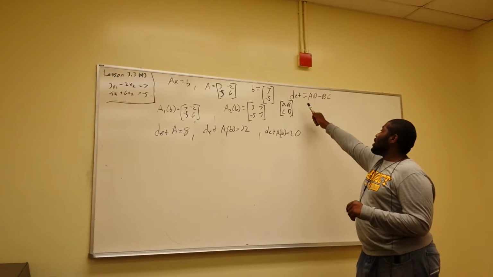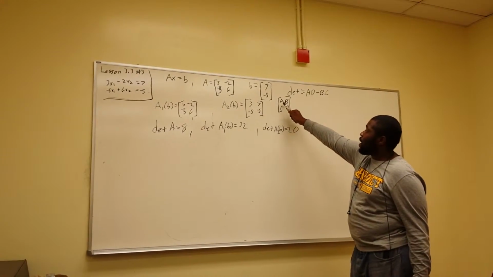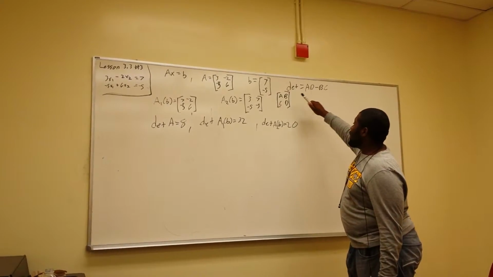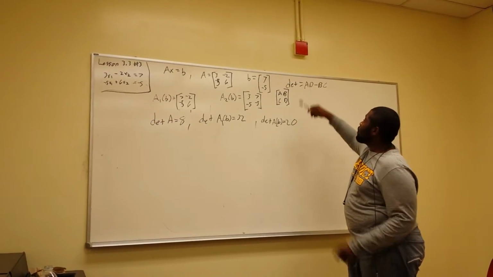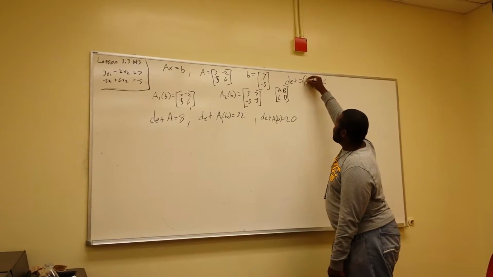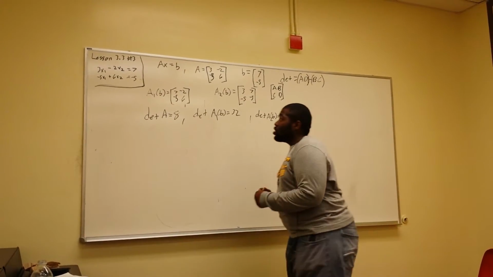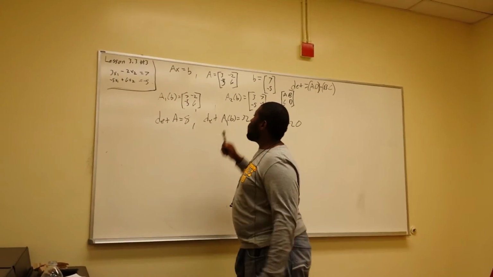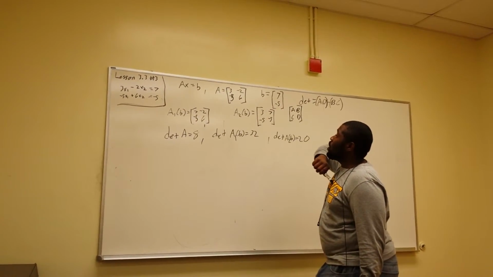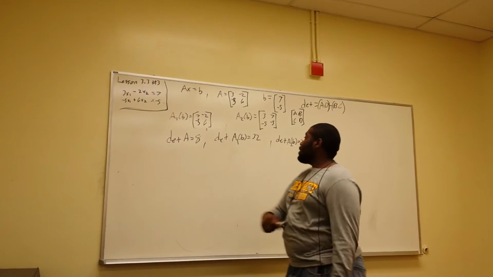You take the matrix, you have a, b, c, and d in your 2 by 2 matrix, and you're going to take a times d minus b times c. So for determinant A, you have 3 times 6 minus negative 2 times negative 5, which gives us 8.